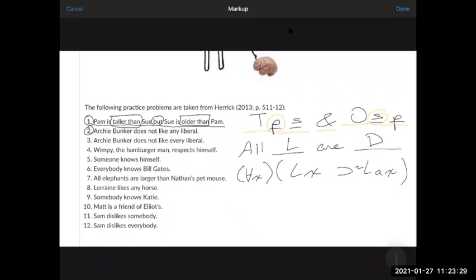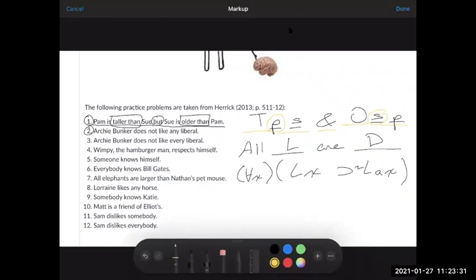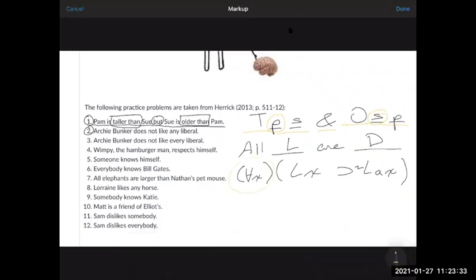So that's how you would write that. And let's read this together so we can see. For all x, that's the main logical operator. If it is the case that x is a liberal, then Archie Bunker does not like x. So that is how you would read that.